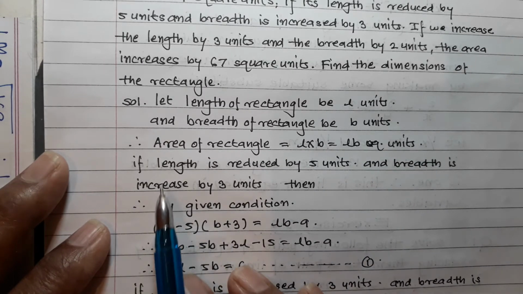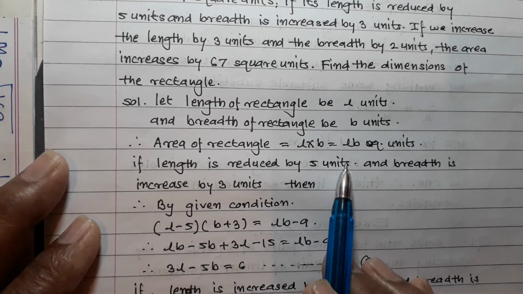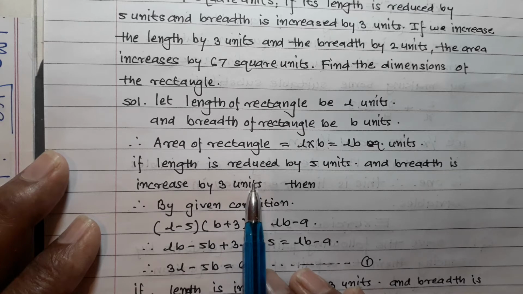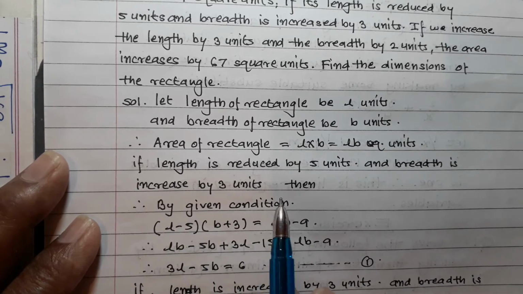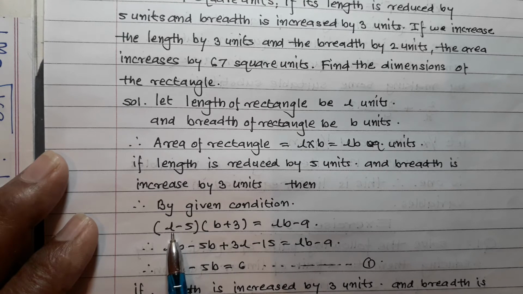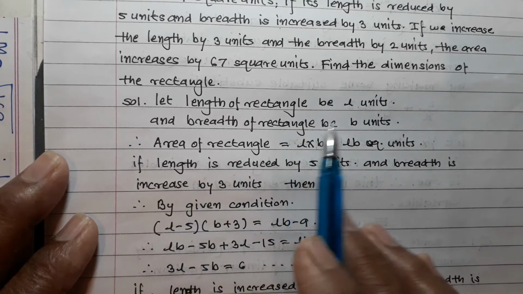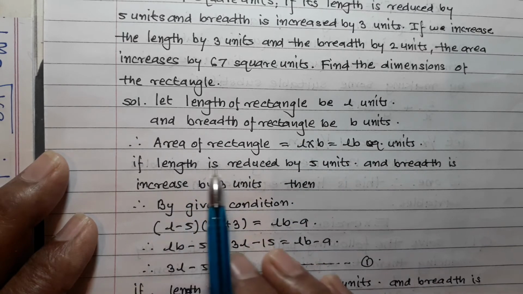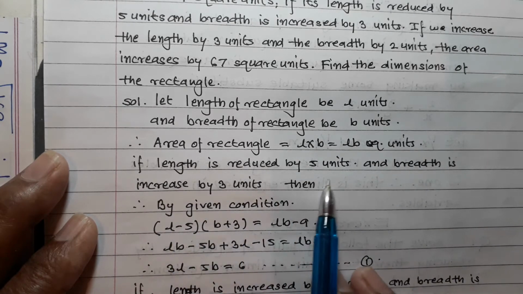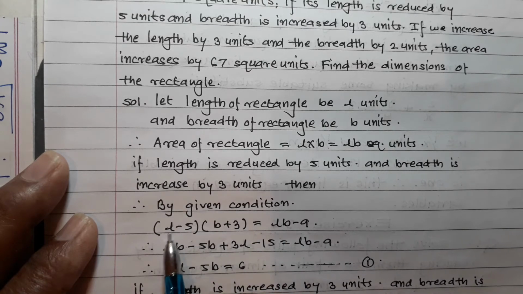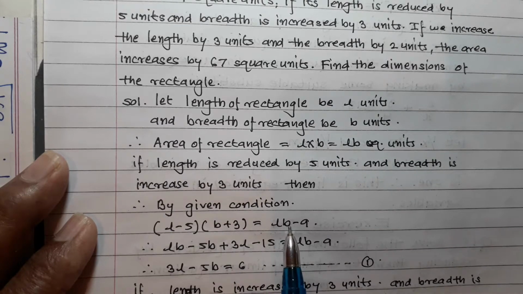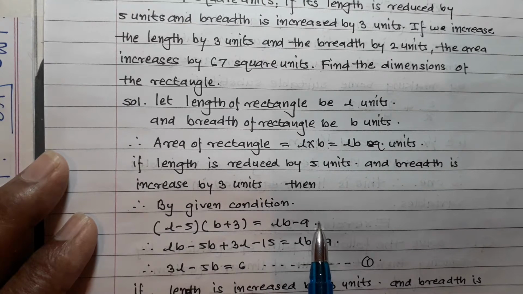If the length is reduced by 5 units and breadth is increased by 3 units, then by the given condition (L minus 5) into (B plus 3) is equal to LB minus 9.